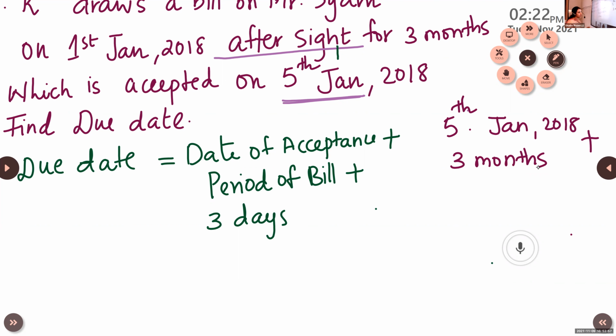After 3 months, April 5th. Then April 5th plus 3 days. Don't forget to add grace period, 3 days. So the date becomes April 8th. So the due date is April 8th.